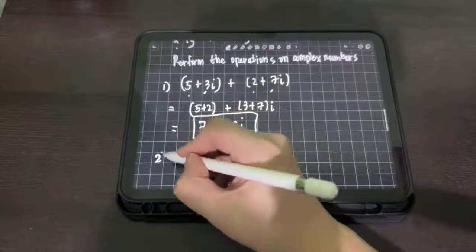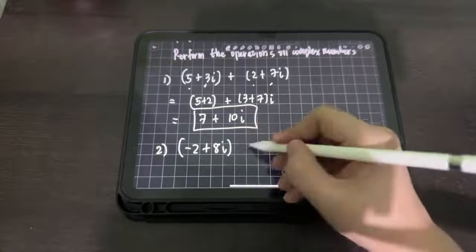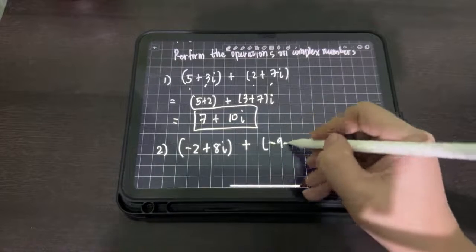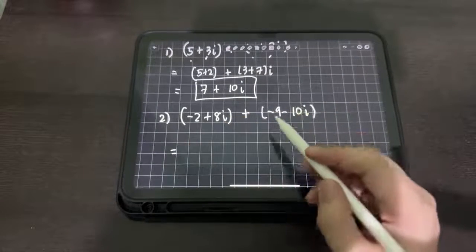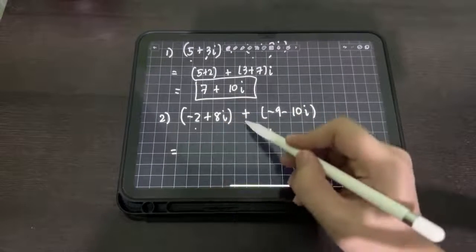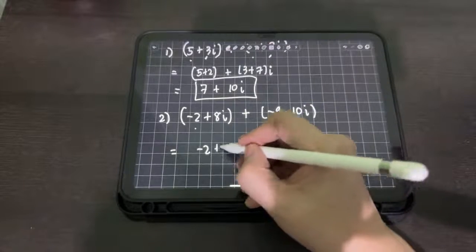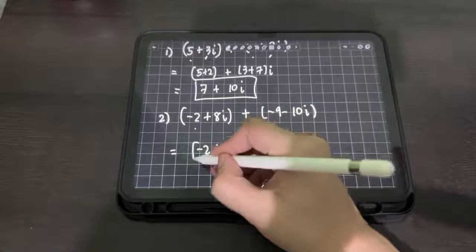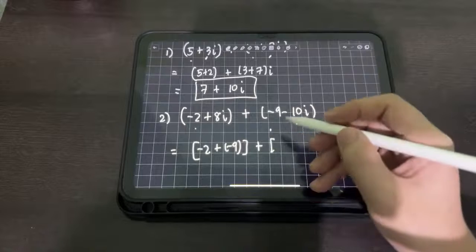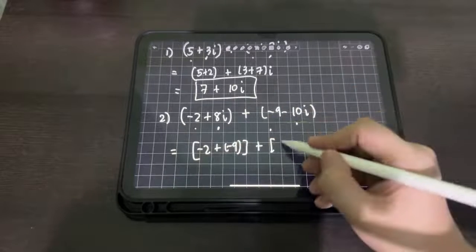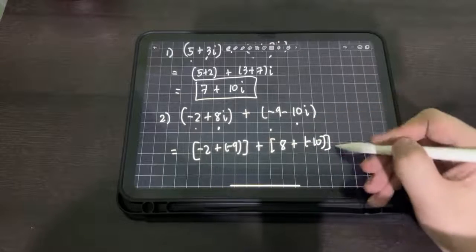Okay, for number 2, negative 2 plus 8i plus negative 9 minus 10i. Again, we can combine the real part. Since we have addition, we add them, negative 2 plus negative 9, then plus the imaginary part, we have 8 plus negative 10i.